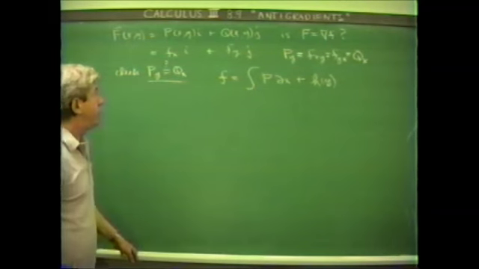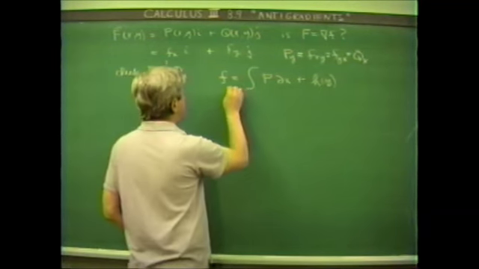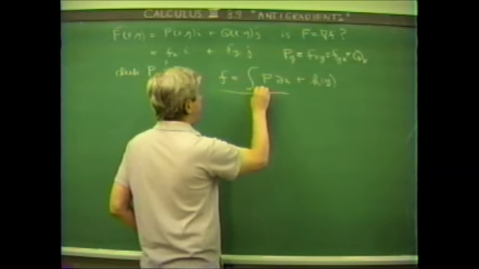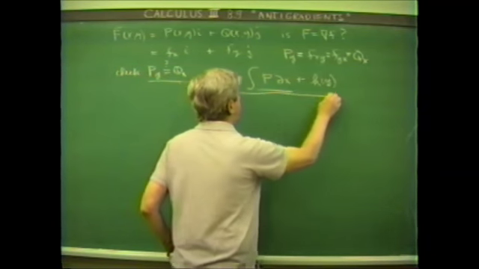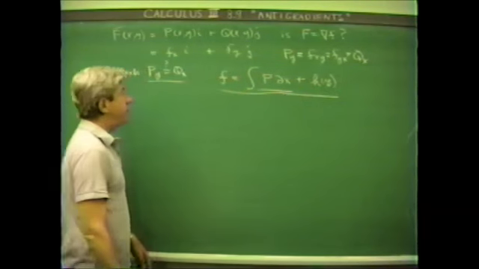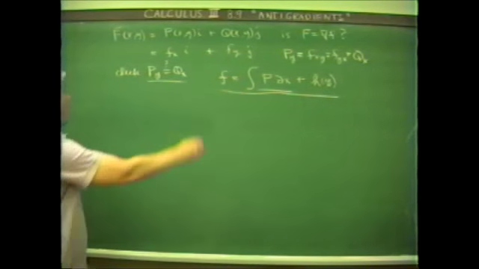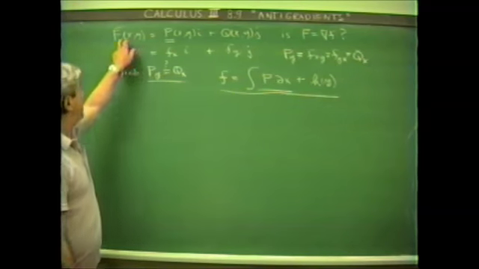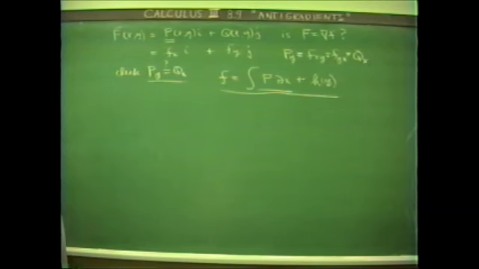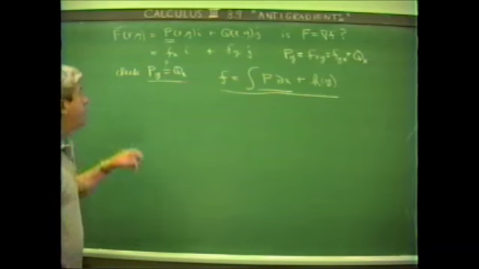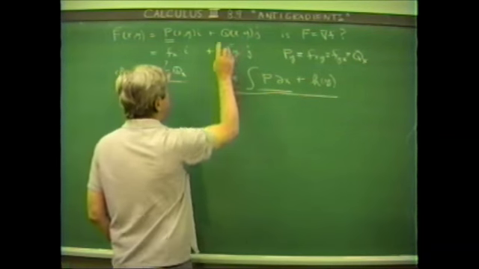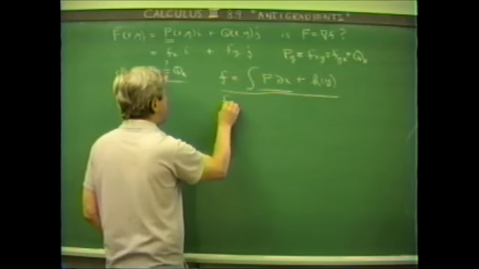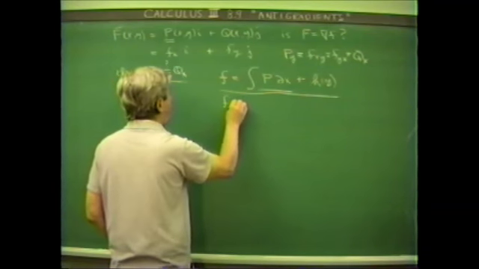So what you do here is, first of all, find an antiderivative of p with respect to x, and then add on a general h of y. All right, we've now used this part of the information. P is the i component of the function capital F. We want to use the rest of the information, and to do that, we take the partial of f with respect to y.